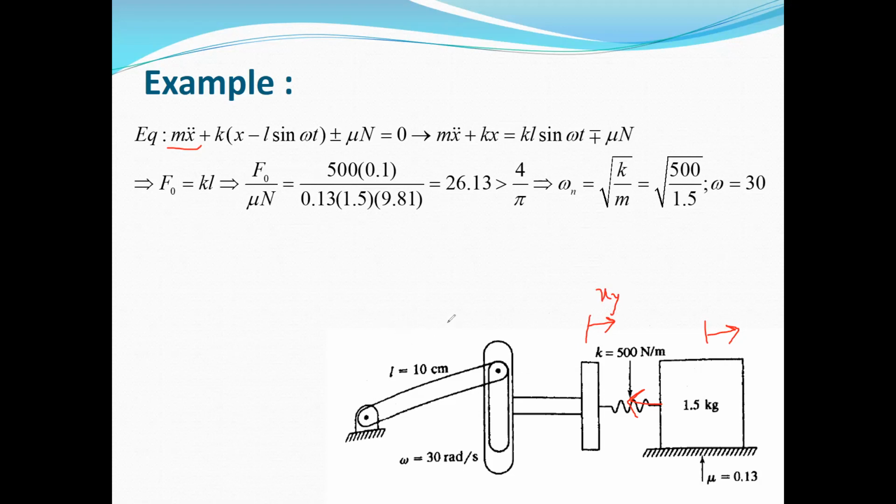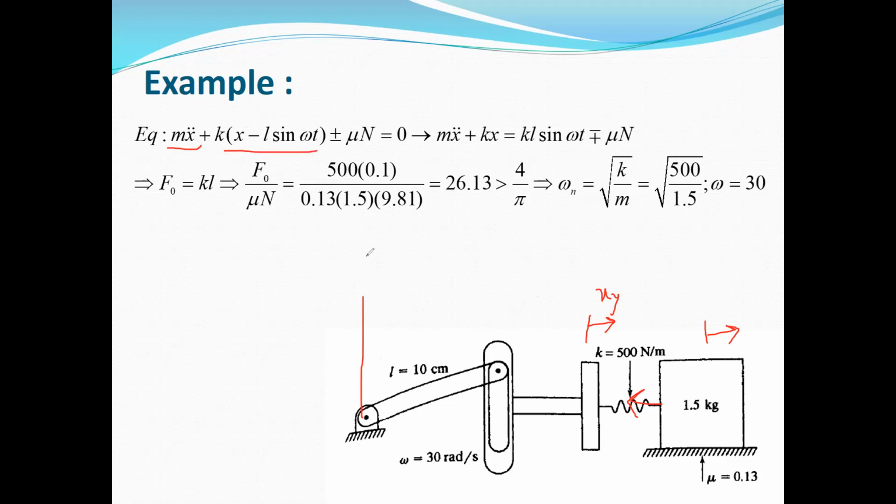If we assume that in the initial condition the mass is in the vertical position, we can assume this is the initial position for the spring. So the deflection in the spring is equal to x minus L sine omega t, this term.